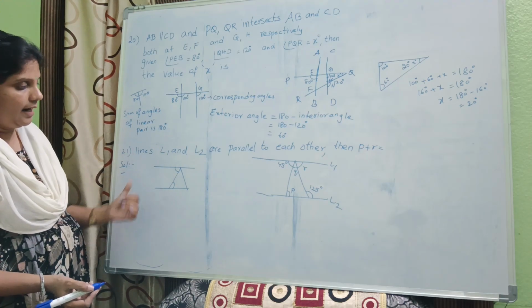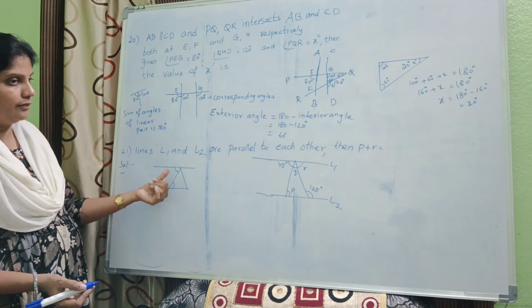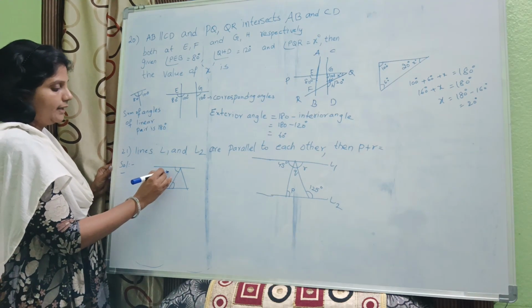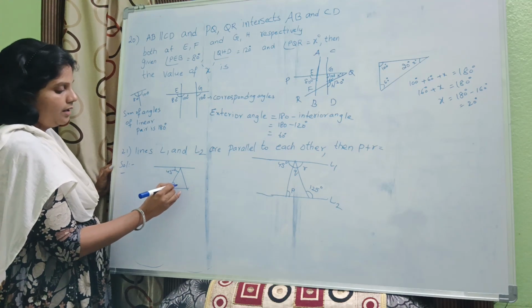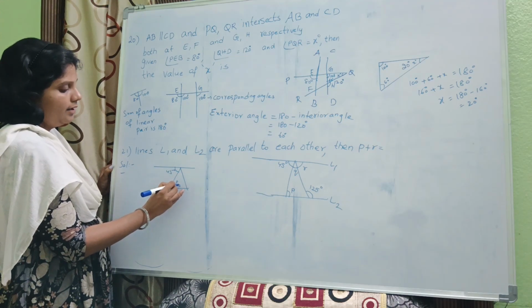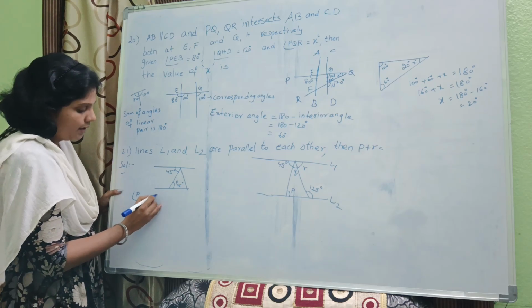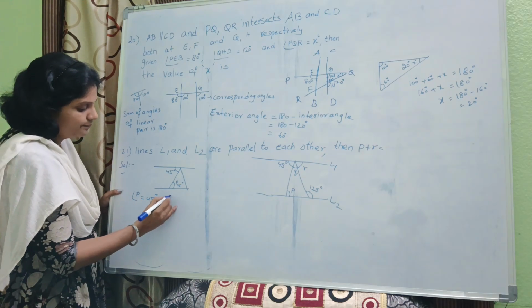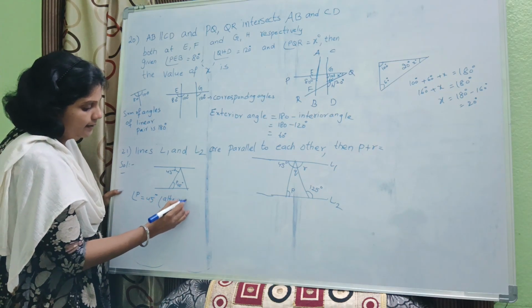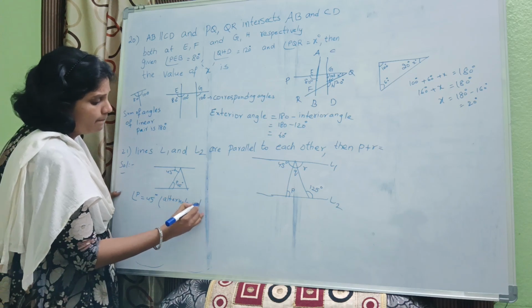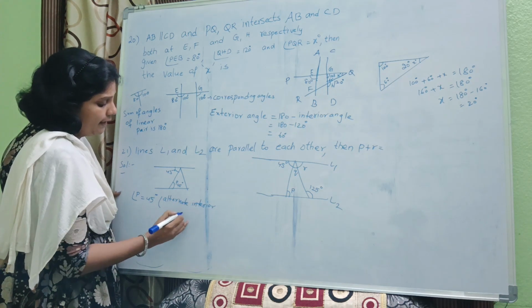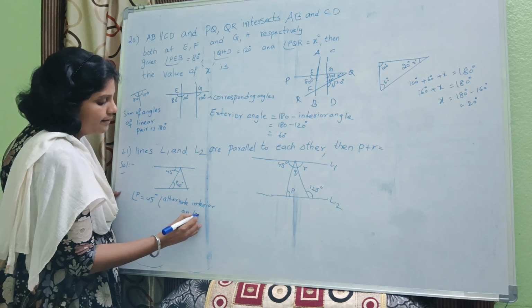Both lie interior and on either side of the transversal, so both angles are equal. Angle P is equal to 45 degrees because of alternate interior angles.